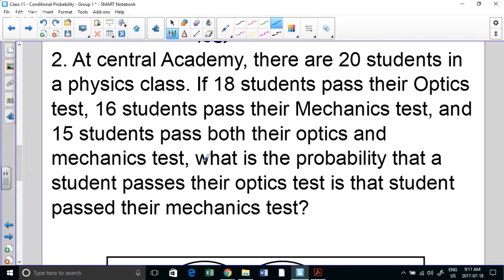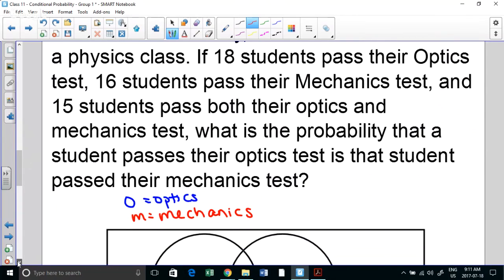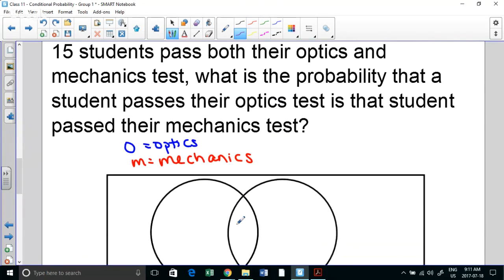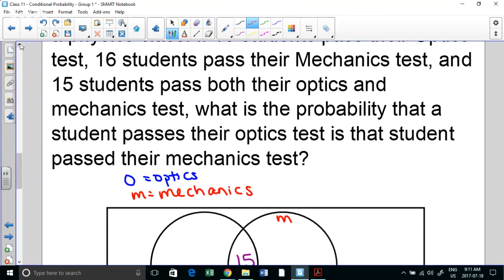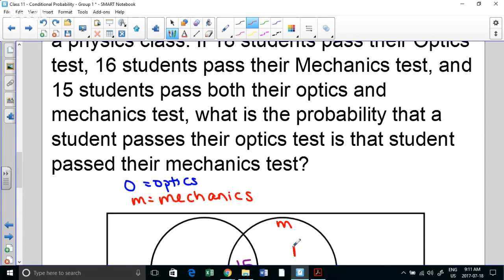Okay, so we've got the optics test and we've got the mechanics test. So we're going to fill out our Venn diagram. First we care about the intersection. So 15 passed both. How many passed the mechanics? 16, so there's only 1 in here.